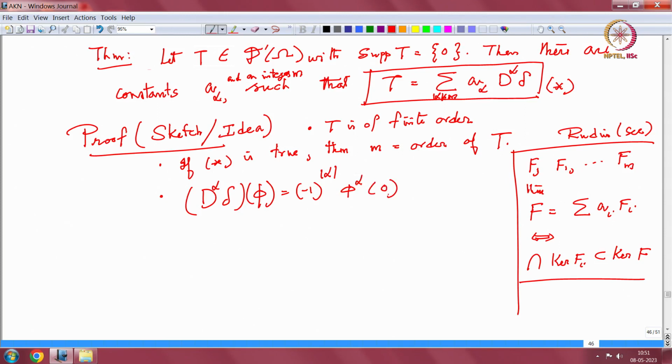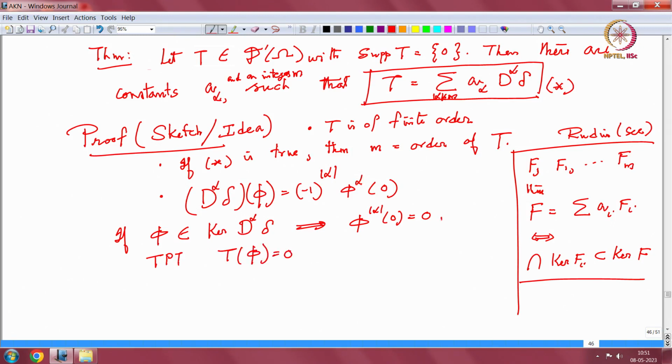So, if phi is in the kernel of D to the power alpha of delta, that implies phi alpha of 0 is equal to 0. And what you have to prove is that T phi is equal to 0. That is all you want to prove. So, under this assumption, for all modulus alpha less than or equal to m, you want to show that T phi is equal to 0. Then you are done. So, that implies phi is in the kernel of T.